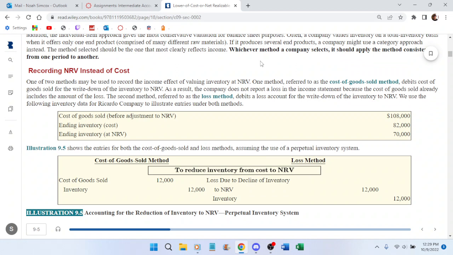Or, I'm an idiot, you increase cost of goods sold. You debit cost of goods sold, so that means you increase it. Oh, jeez. You increase cost of goods sold.